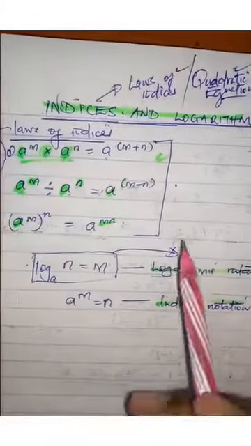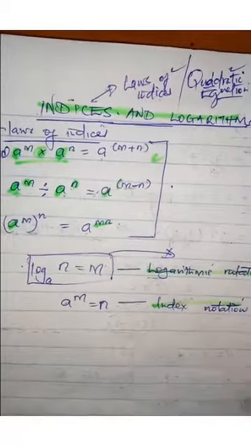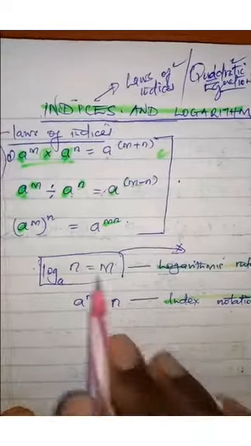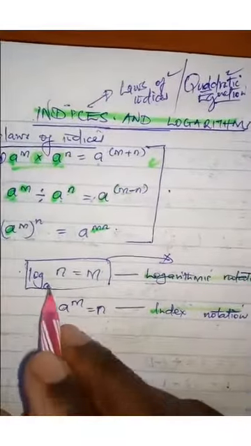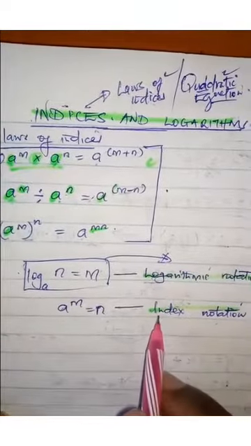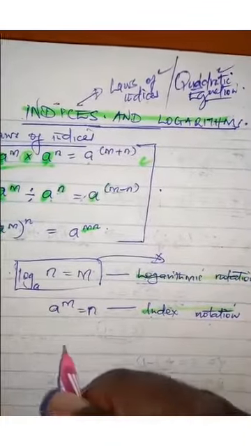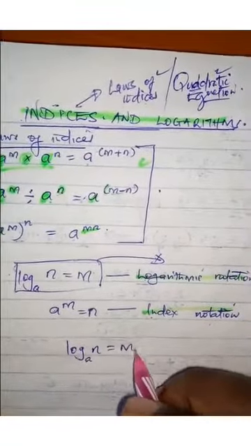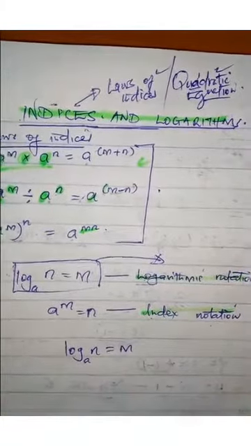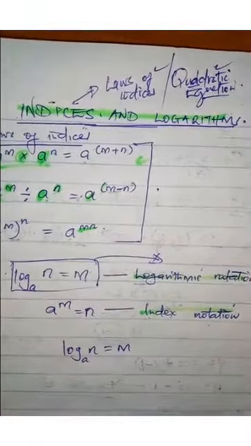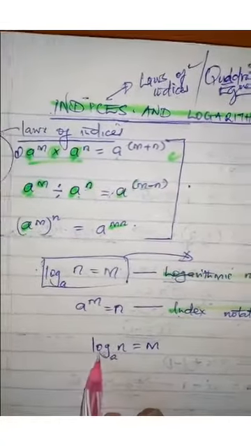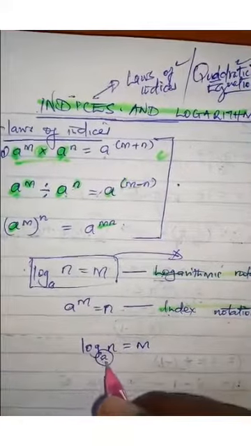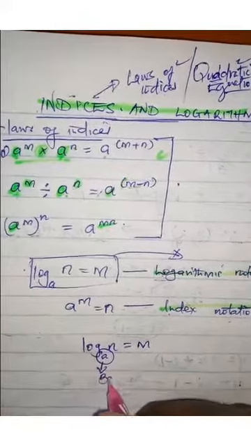But maybe before we start, let me show you something on this. If you are told to change from logarithmic notation to index notation, you just write your expression the way you read it, that is log to base a of n is equal to m. Here a becomes your base.